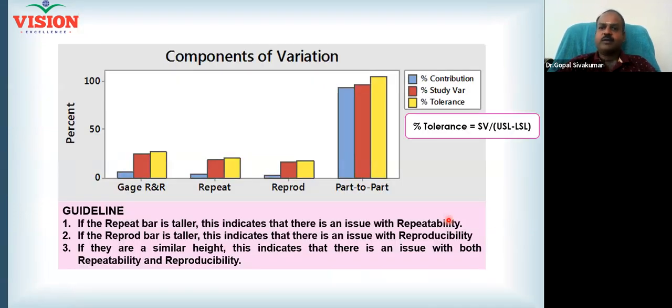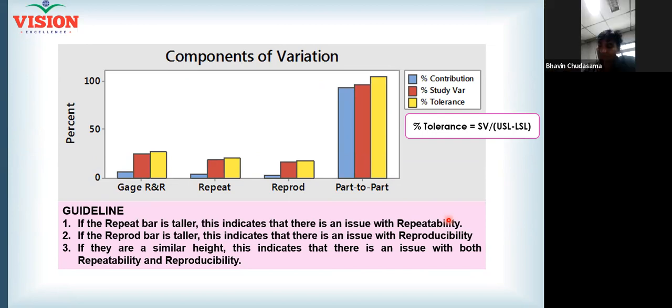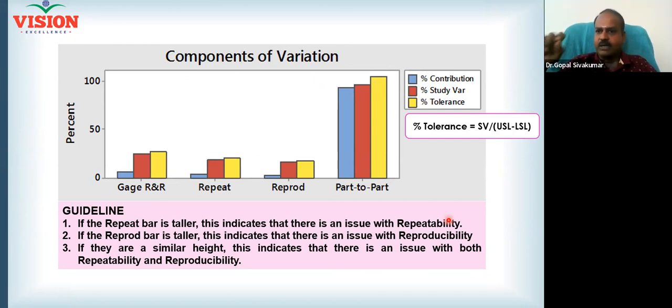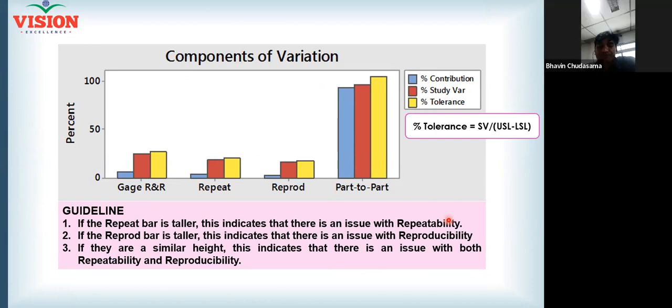Now let us go further deeper. Now the bar chart. There are 3 color graphs. Am I right? The blue color, red color, yellow color. The blue color is the one which you can use when you work based on the variance. You remember in the GAGE R&R report, there are 2 types of table, right? The first table is based on variance. Second table is based on standard deviation.